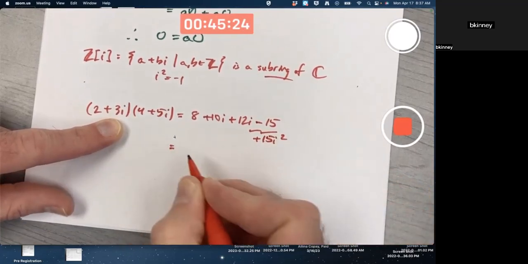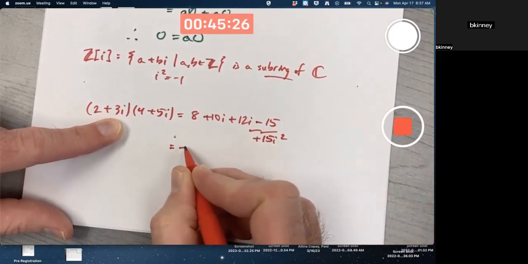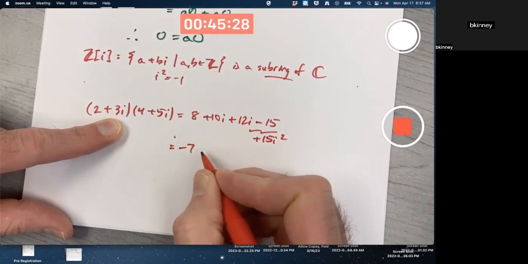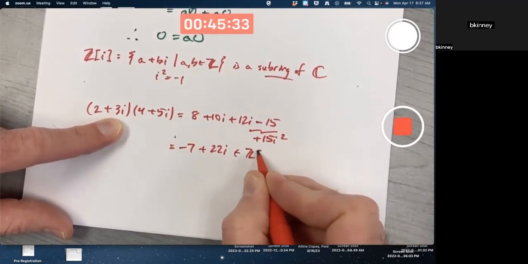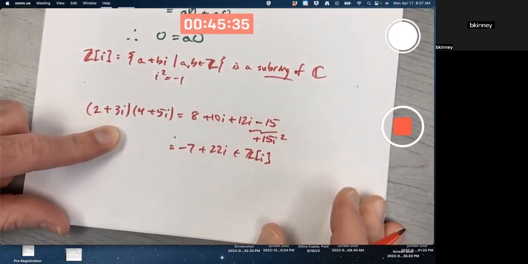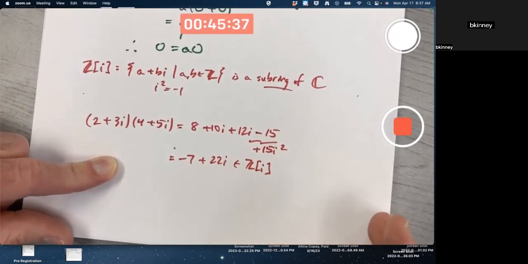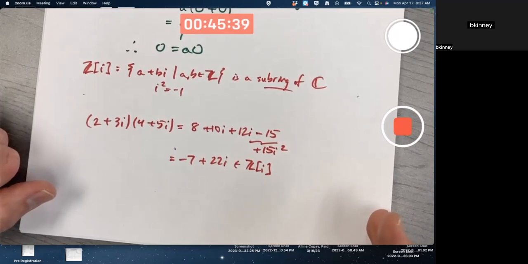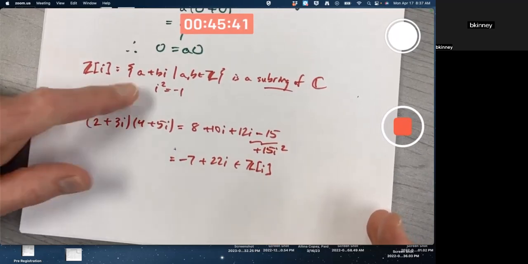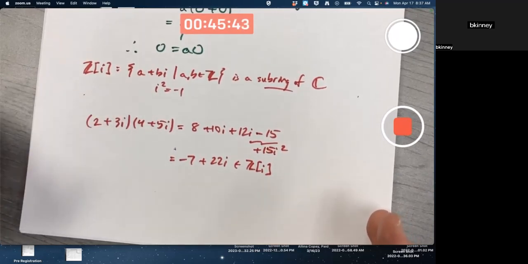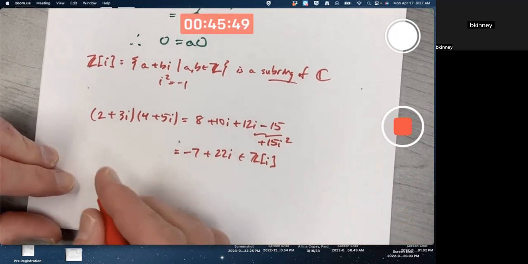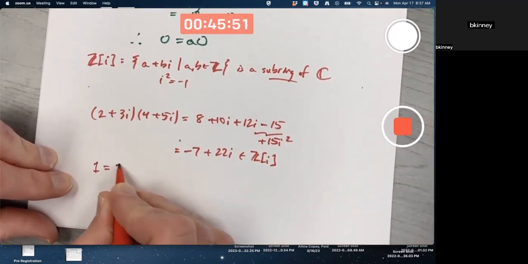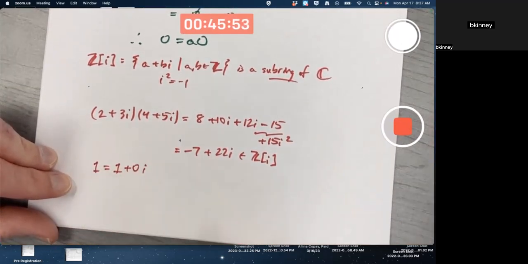Combining like terms gives -7 plus 22i, which is in Z[i]. Yes, we call these the Gaussian integers in honor of Gauss, but they are complex numbers, integers because the a and b are integers. It is a commutative ring. It does have a unity. The unity is the number 1, which can be thought of as 1 plus 0i.